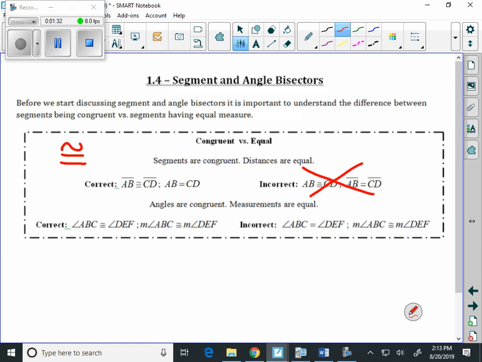But if we have measure in front of that, that's a distance, so this needs to be an equals with no congruent mark on top of that. So measures have the equals, and not measures have the congruent. If we're talking straight about an angle, or we're talking about a size, then we have the equals.